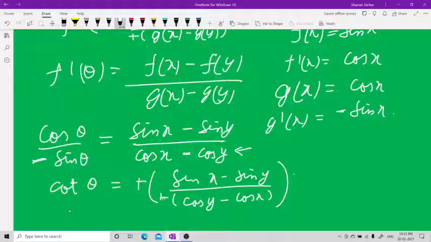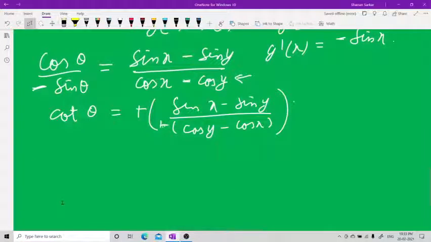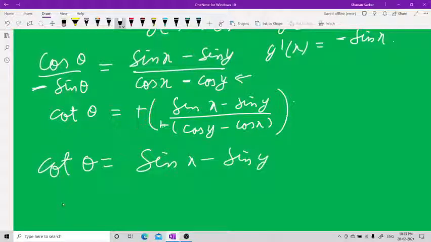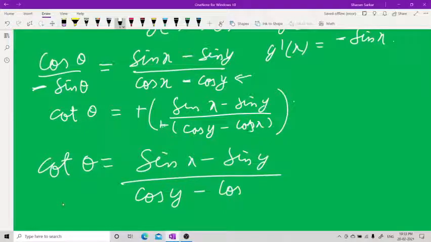So this will become cot theta is equal to sin x minus sin y upon cos y minus cos x.